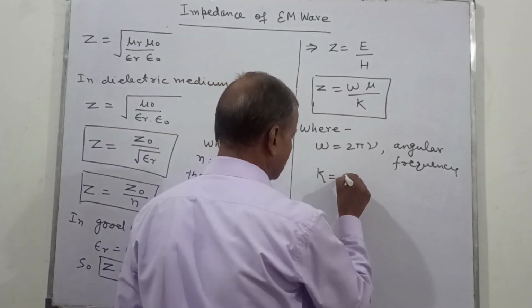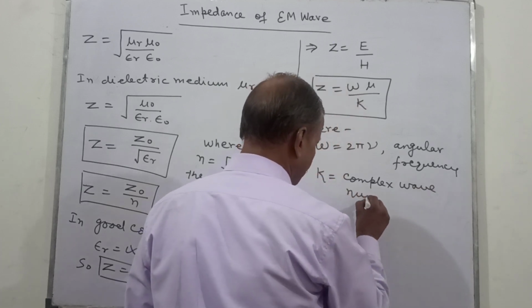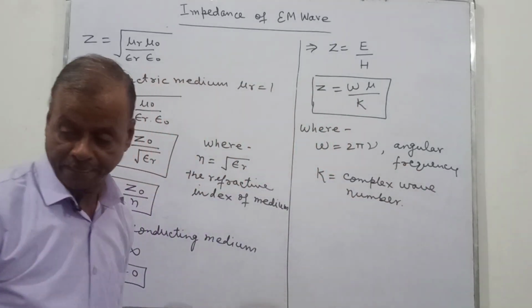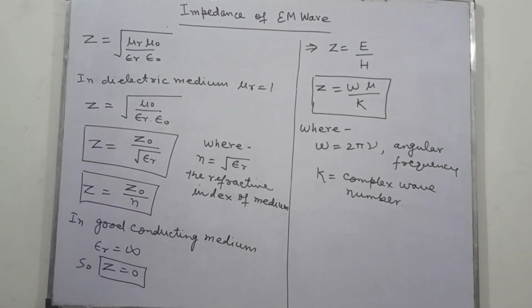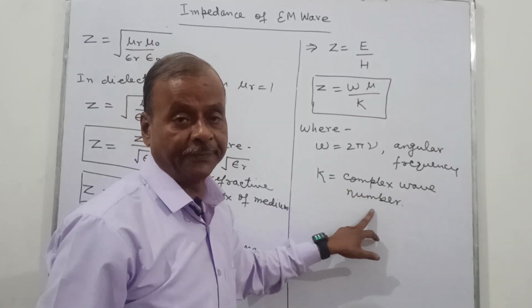So this k, the complex wave number, depends upon the medium.